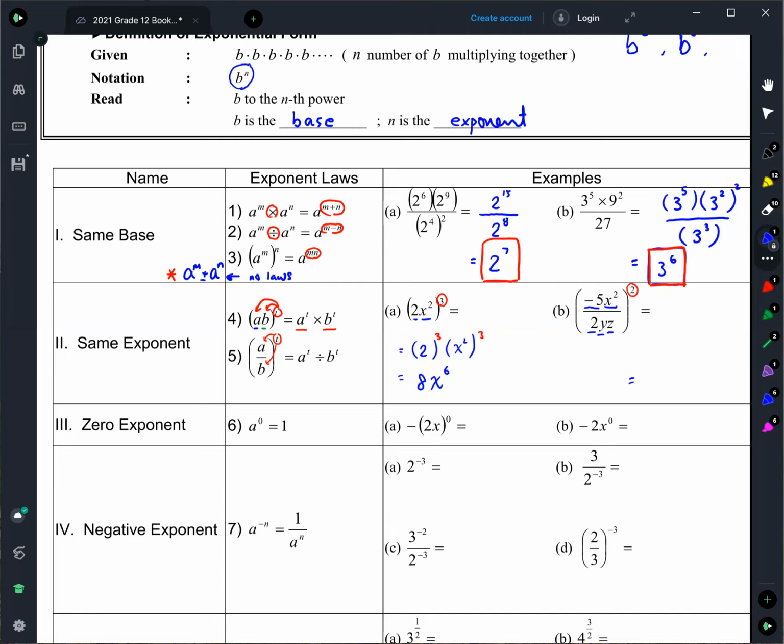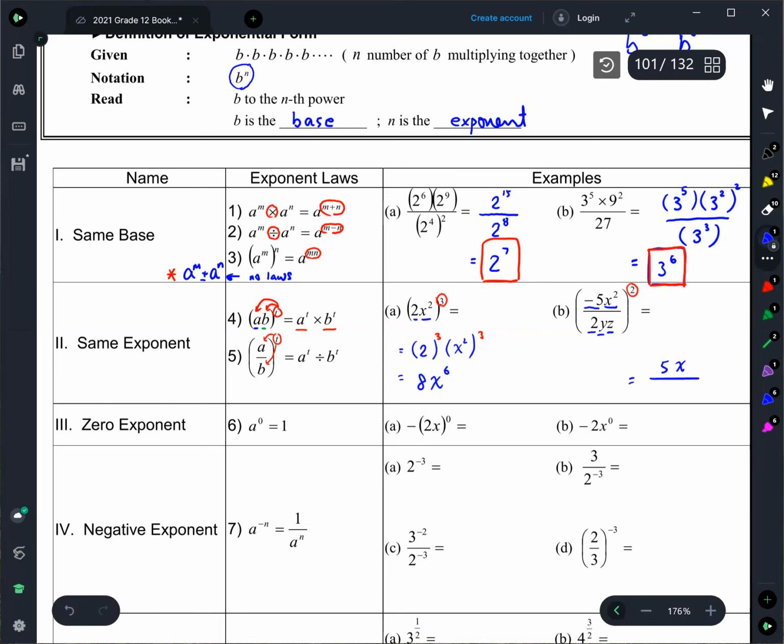All right, Waylon, what's your final answer? I got 5x to the power 4 squared z squared. Okay, hold on. What is it? 5x to the power 4. Like that? 25, and then over y squared, and then z squared.